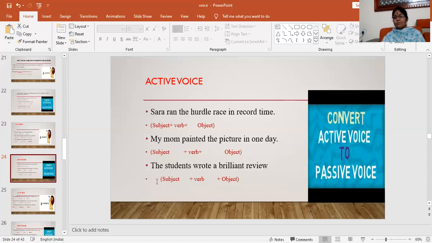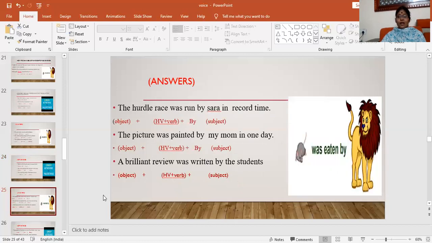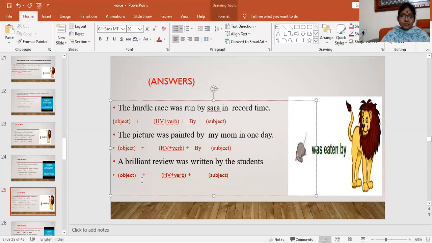So we will take the object to the subject place, the subject to the object place, make necessary changes with the verb, and have our agent by. Now check your answer, right? A brilliant review was written by the students. So the object has come to the subject place, the subject has gone to the object place. We have made necessary changes with our verb, and with our agent by, we have framed a passive voice, right?